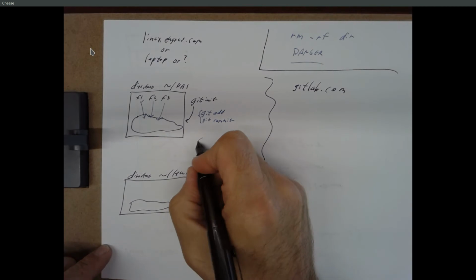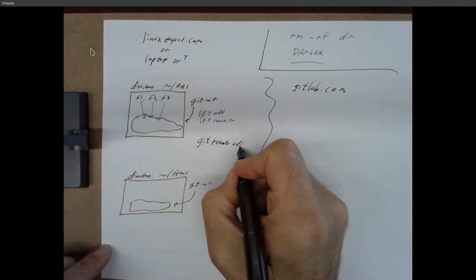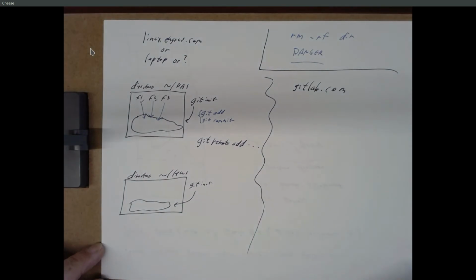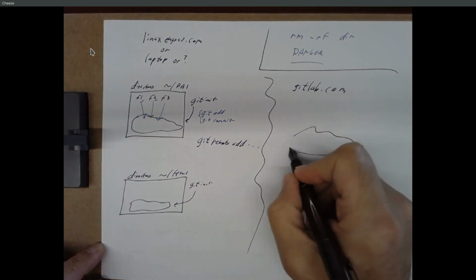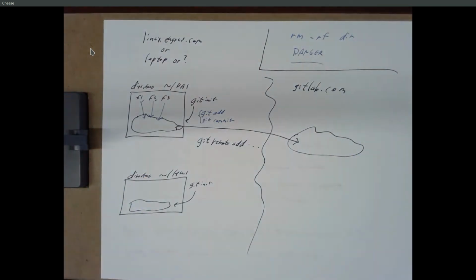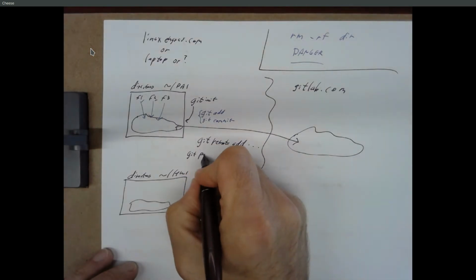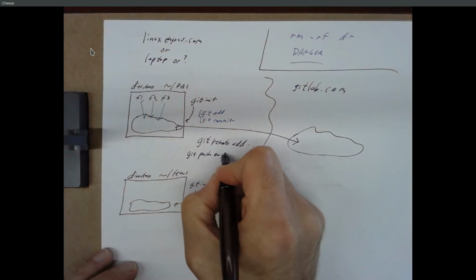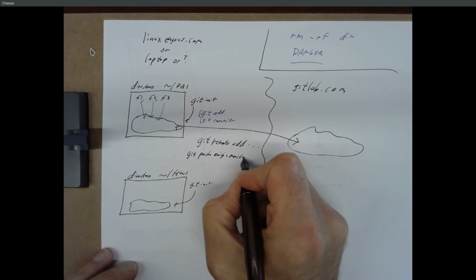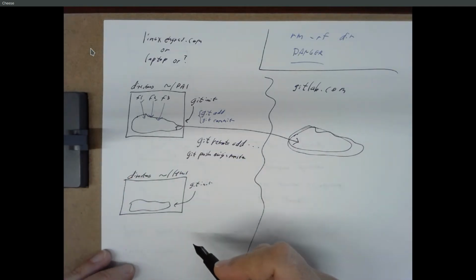And when you say git remote add origin blah blah blah, what that does is it creates a repository over here in GitLab, and it kind of connects these two, in such a way that when you say git push origin master, what you have over here will be used to update this remote repository.